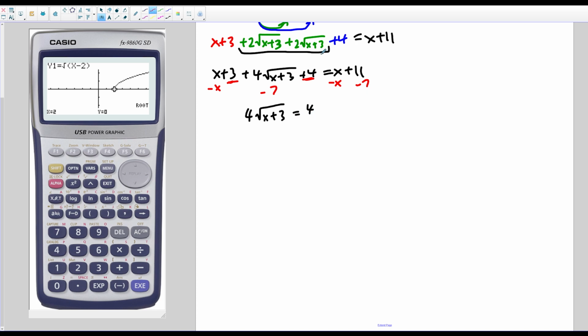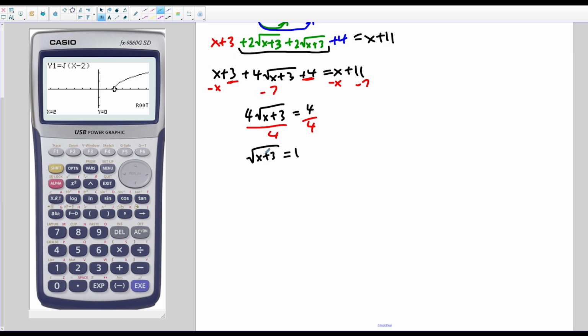So what I can actually do is just divide both sides by 4. And now I'll have the square root of x plus 3 is equal to 1. Now again, what I could have done is I could have squared both sides, but again, why give yourself more work? So now things become a lot easier.